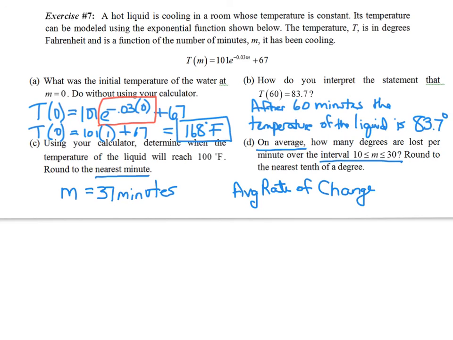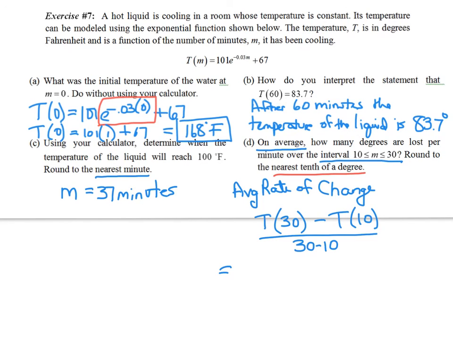So since my time interval goes from 10 to 30, I want to find the temperature at time 30 minus the temperature at time 10, and I want to divide by 30 minus 10. Now, since we want to round our final answer to the nearest tenth of a degree, it was accurate enough to look at our table of values.